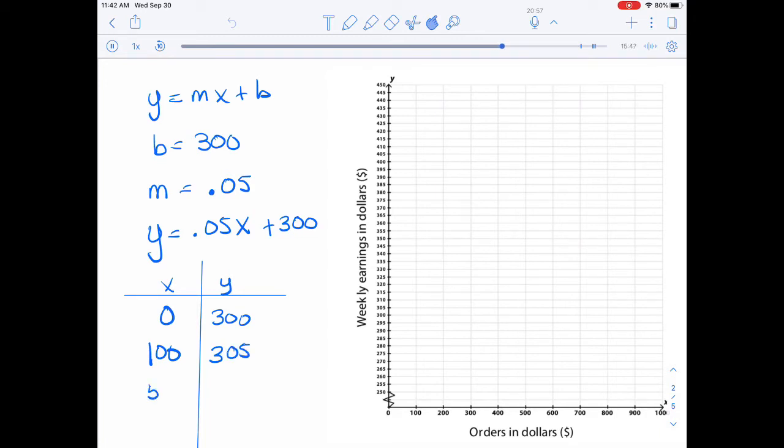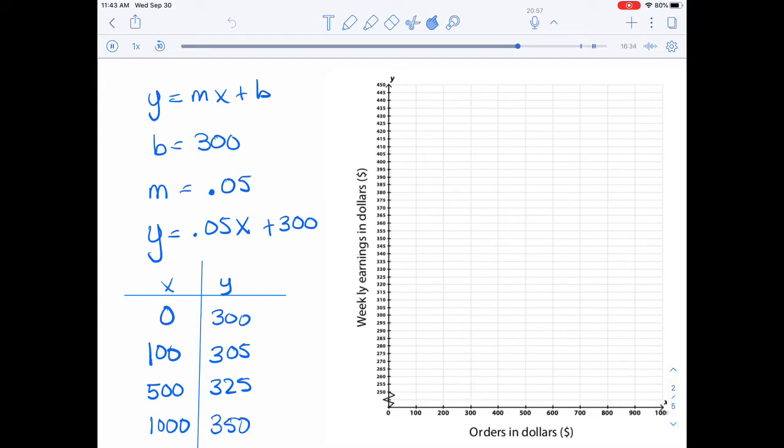At $500 of groceries sold, if our input is 500, our output would equal 25 plus 300, so she would earn $325. How about at 1,000? So she sells $1,000 in groceries. She would earn 1,000 times 0.05, which is $50, plus the 300, so $350.